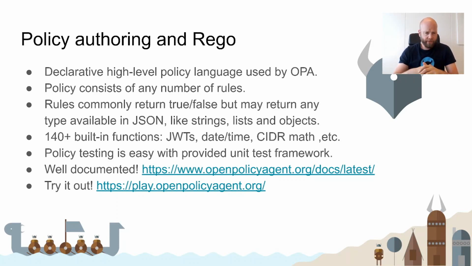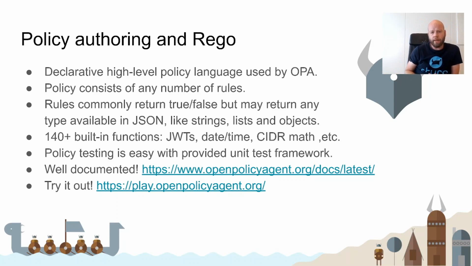Rego, I think these numbers could be a little dated too. I think we have over 150 built-in functions right now. And these built-ins are also kind of tailor-made for the purpose of policy. It's not just any type of functions, but things like doing JWT or JSON Web Token verification, dealing with date and time, IP address ranges, and so on.